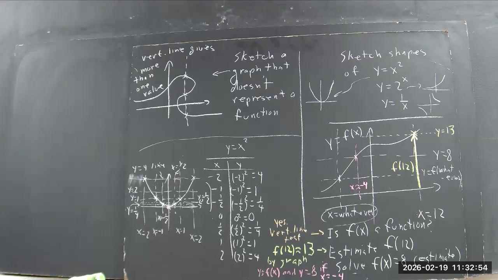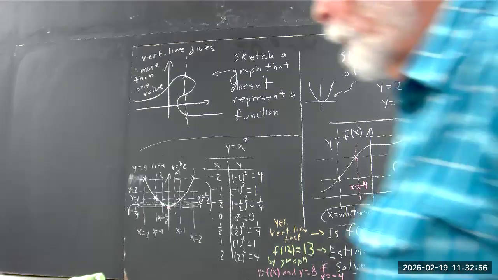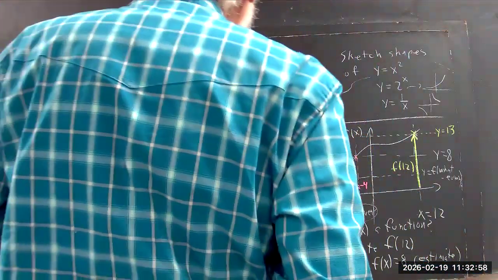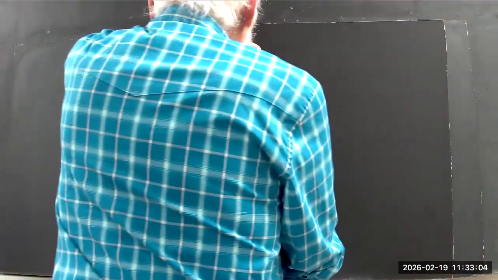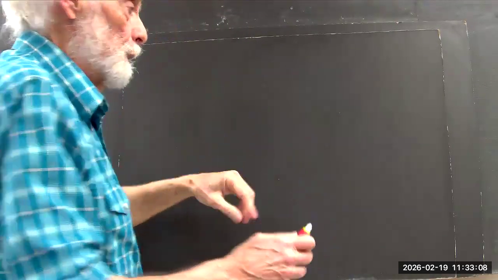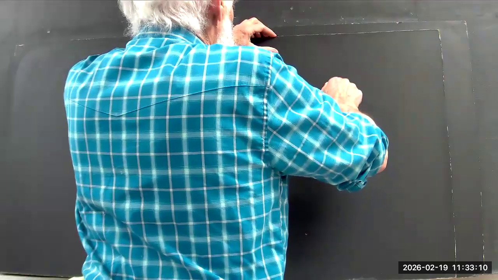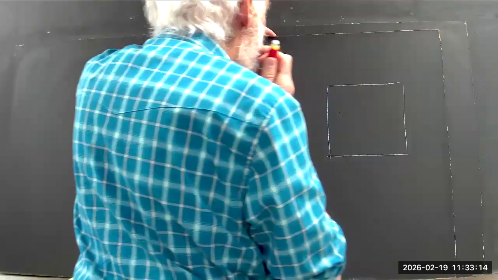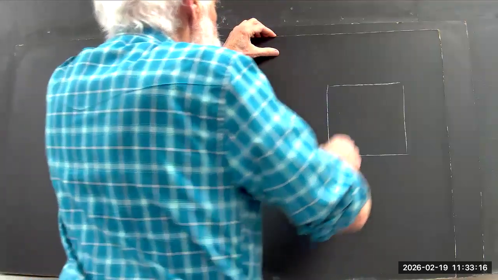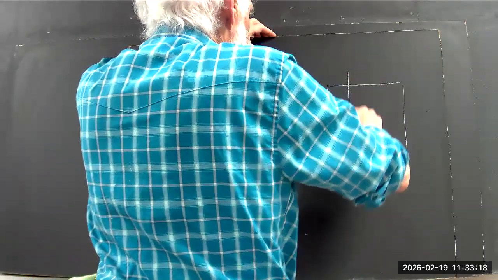Now we want to go on to the idea of domain and range. We've talked about this a little bit, but not a whole lot. So let's just say we got a function. I'm going to draw a graph window here. I'll draw an X and a Y axis somewhere.